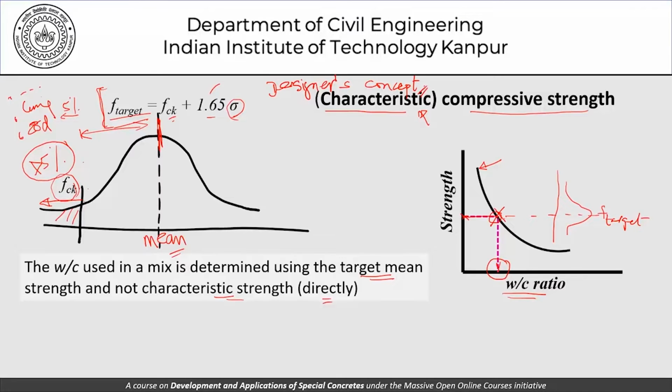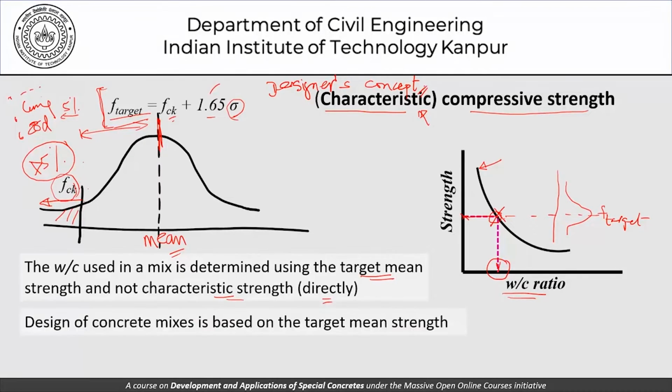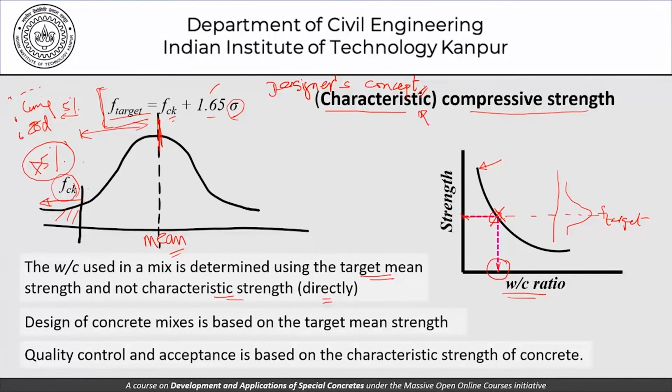Design of concrete mixes is based on the target mean strength, and quality control and acceptance is based on the characteristic strength of concrete. This quality control acceptance is not based on target mean strength. In fact, the target mean strength largely remains on the files.